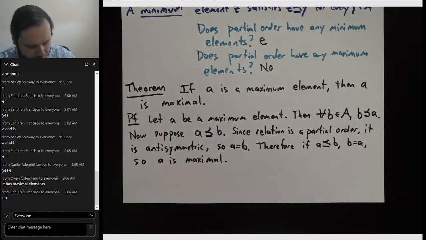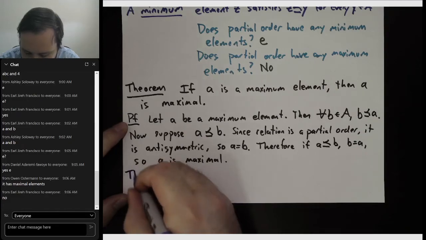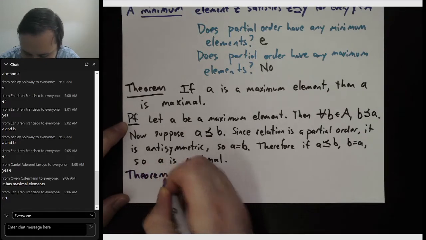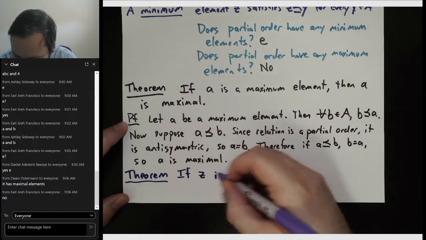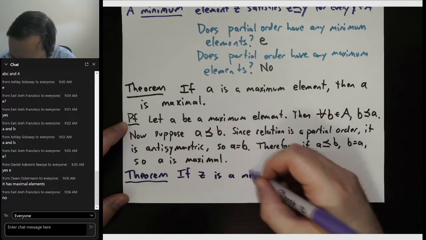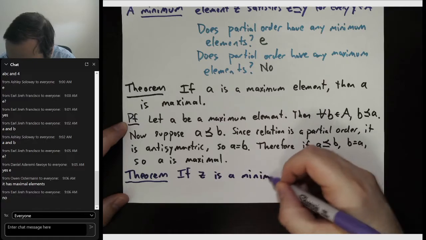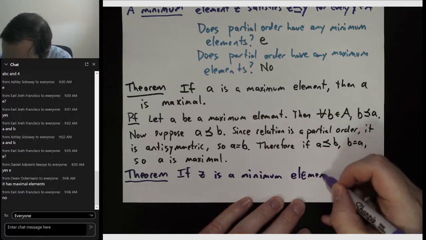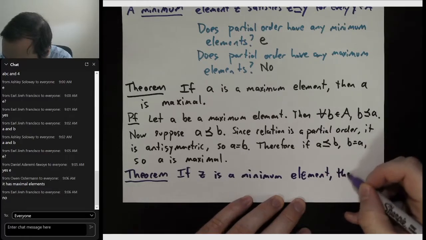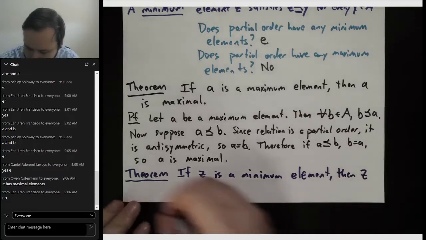And we have another theorem, which I'm not going to write down the proof for. Good exercise. Write down the proof of this theorem. If Z is a minimum element, then it is minimal.